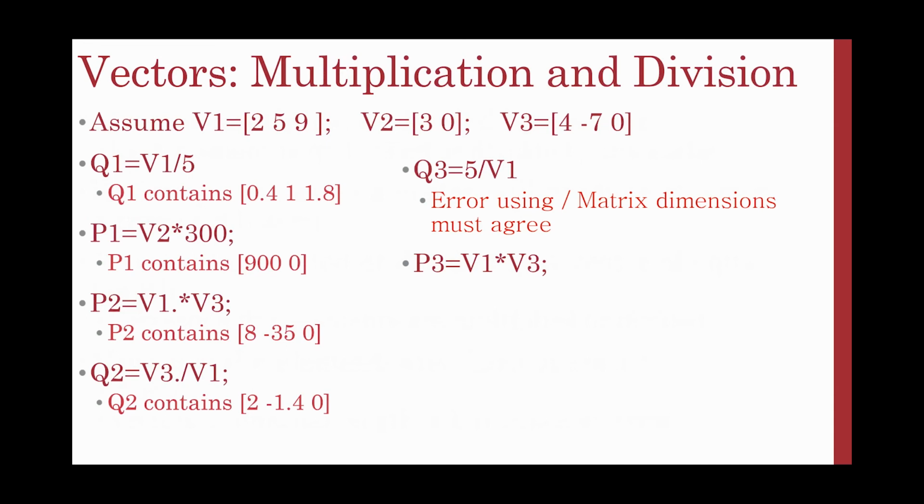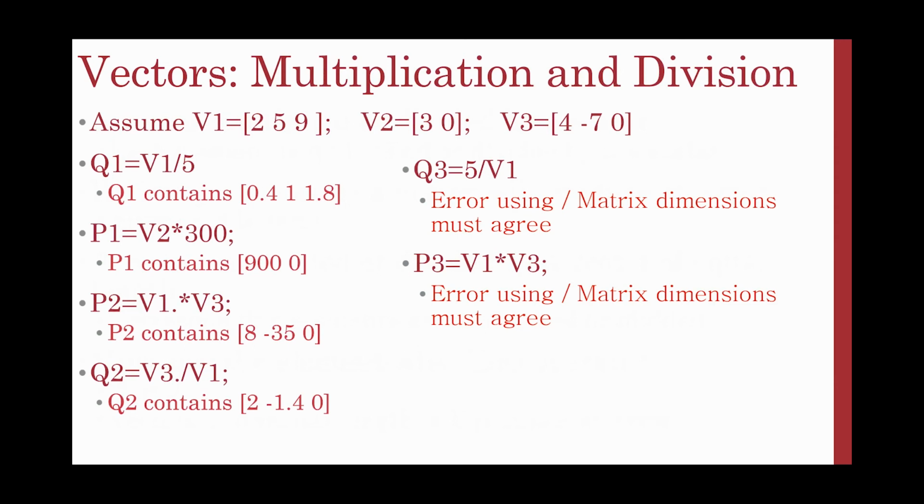And then, lastly, say we're trying to multiply v1 by v3 and we forgot our dot in there for element-wise. It's trying to multiply a 1x3 by a 1x3, which isn't allowed for matrix math because something called your inner dimensions must agree, which is the error that it is giving you.